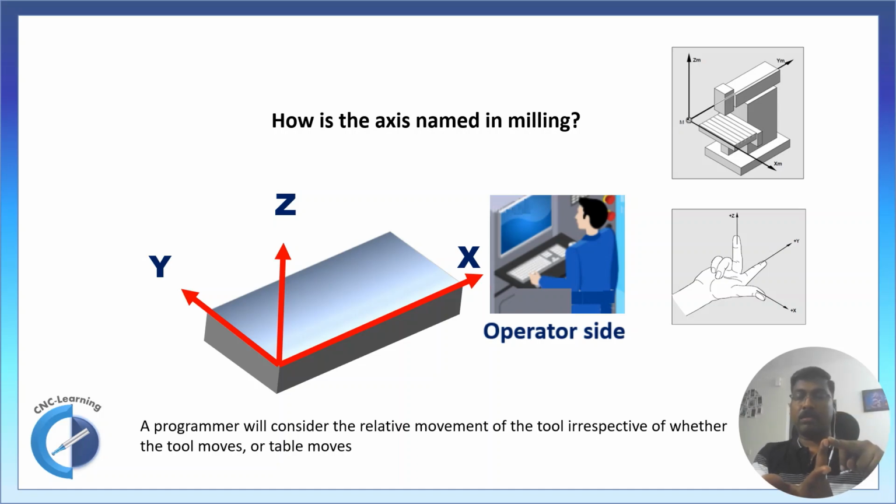So in a normal VMC, you need to hold the hand like this, and for a HMC, it will be like this.